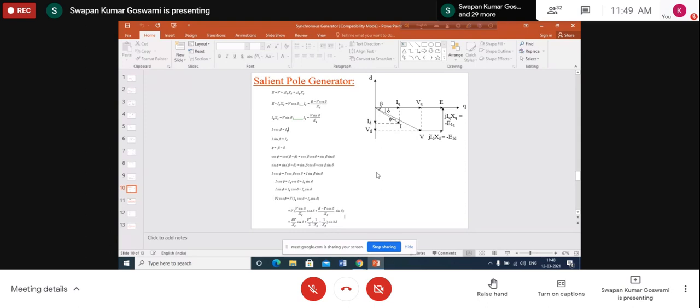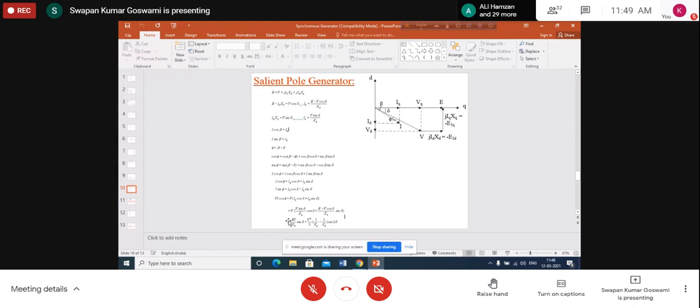So I have not drawn the complete power angle curve. This obviously is the power angle curve. The variation of active power with delta, we call it power angle curve in case of cylindrical rotor machine. Here also we have finally derived the expression for active power, and here you see that in terms of delta, we can express it.